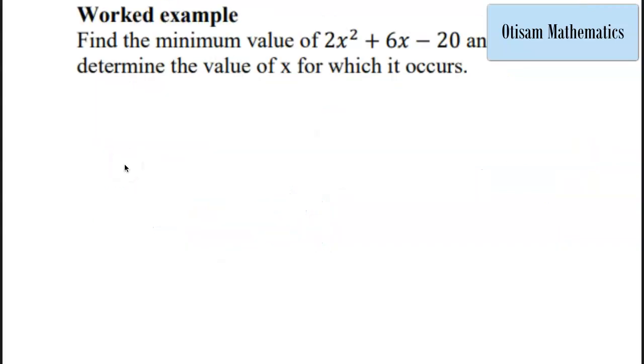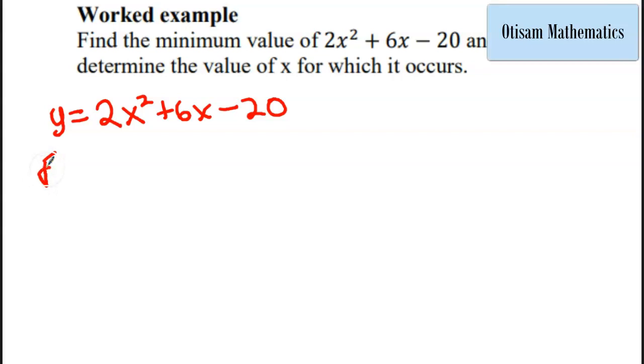Okay, find the minimum value of 2x squared plus 6x minus 20 and determine the value of x for which it occurs. Now this question is open, so you can use the formula directly. We said that for maximum or minimum, 2x squared plus 6x minus 20 is the function.